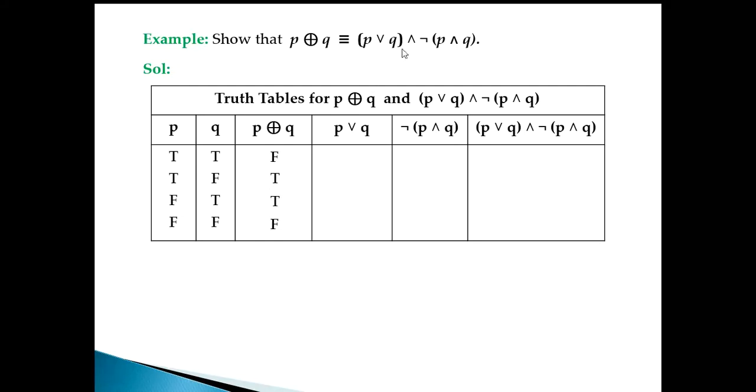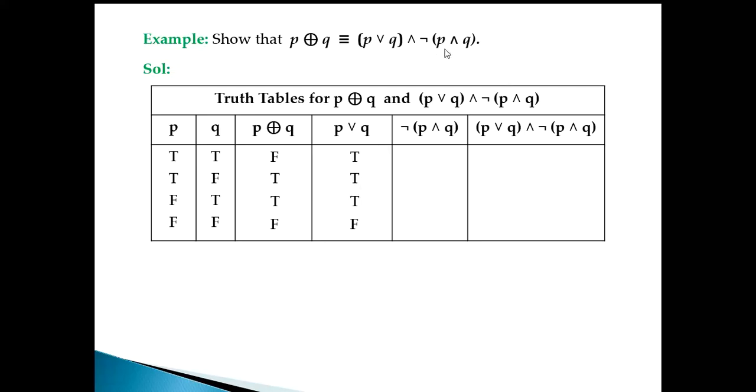Now for this compound proposition, first we need to calculate P or Q. In the or connective, the truth value is false if both are false, otherwise it is true. All values are true. Clear?